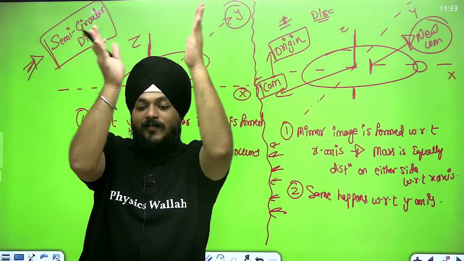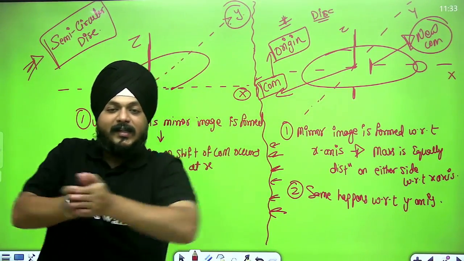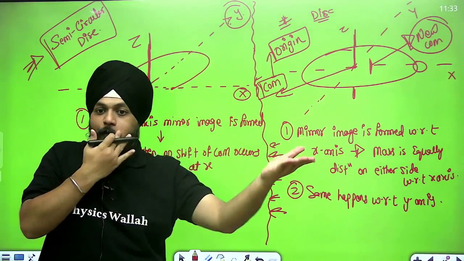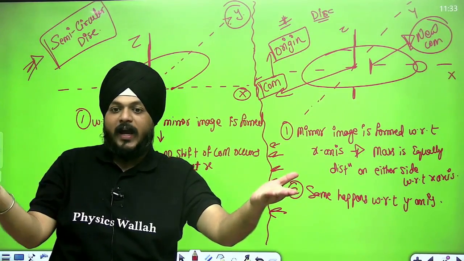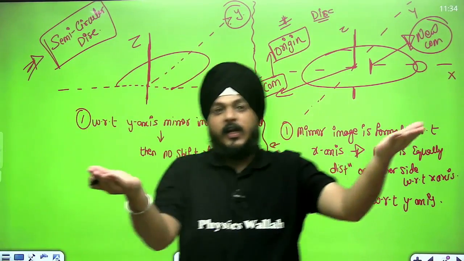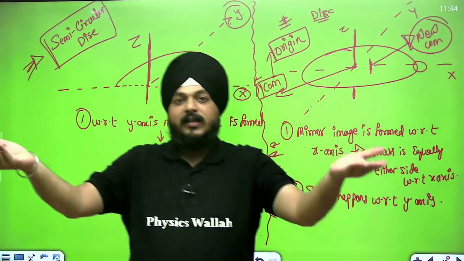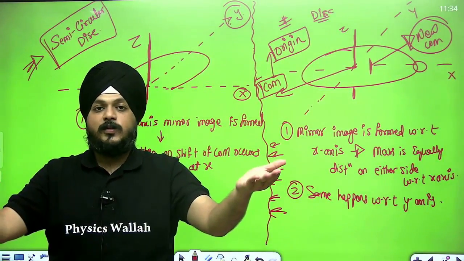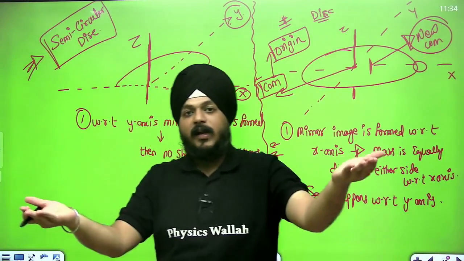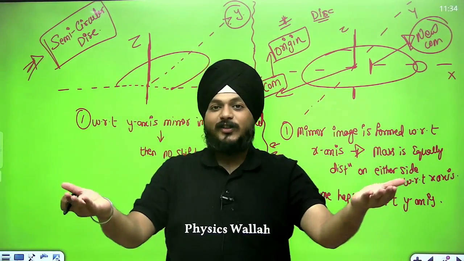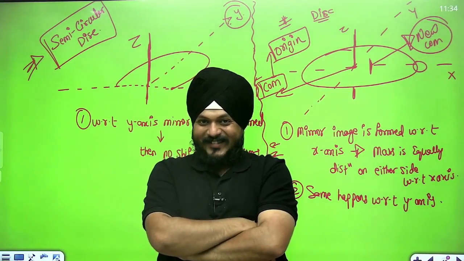So the center of mass is not going to shift to either side. If the left side were of higher mass, the center of mass would shift to this position. If the right side were higher, it would shift to that position. But left is equivalent to right, so the center of mass is in between.